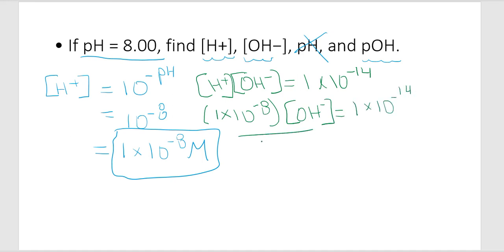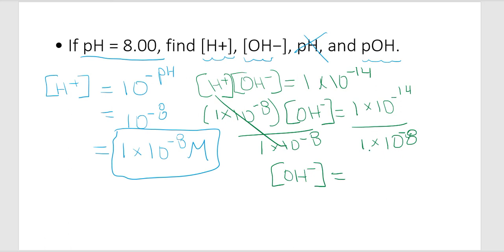We're going to divide by 1 times 10 to the negative 8 on both sides. So we're left with hydroxide on the left, and when we divide in our calculators, or use our scientific notation rules to divide, we end up with 1 times 10 to the negative 6.